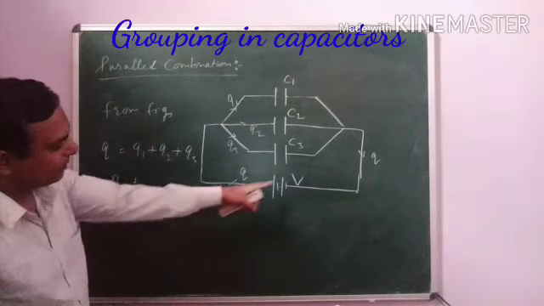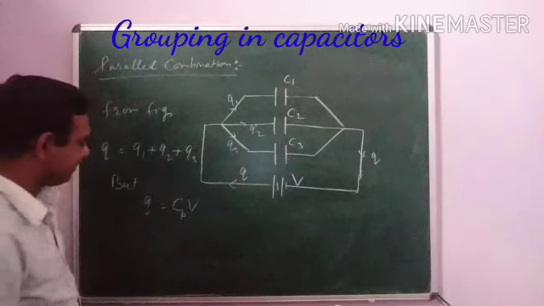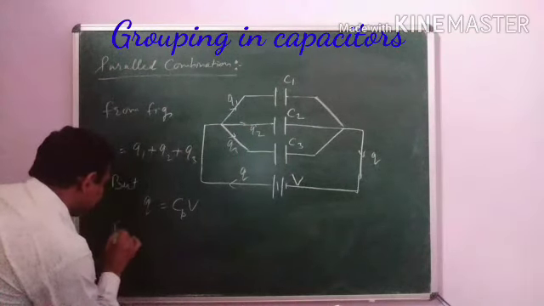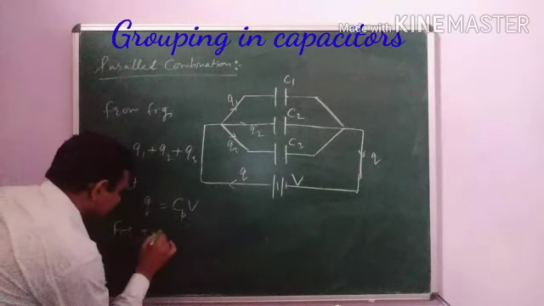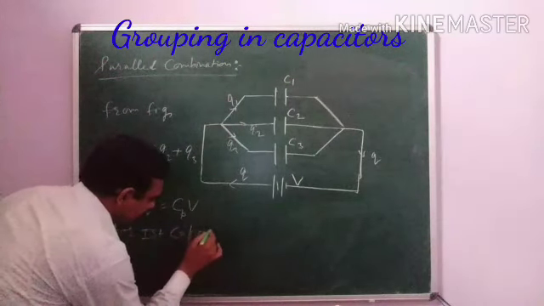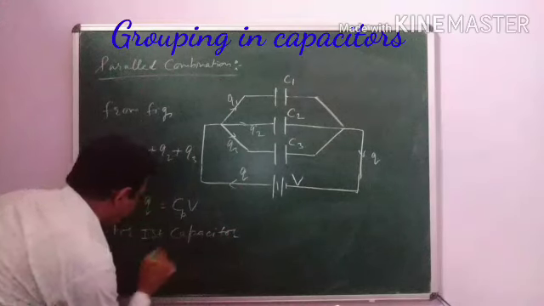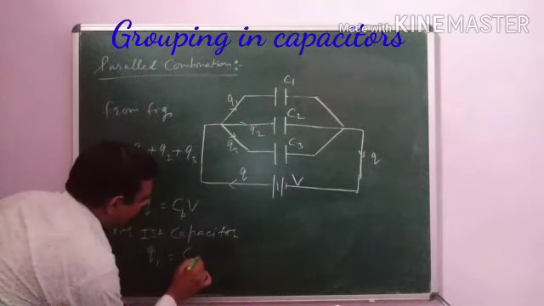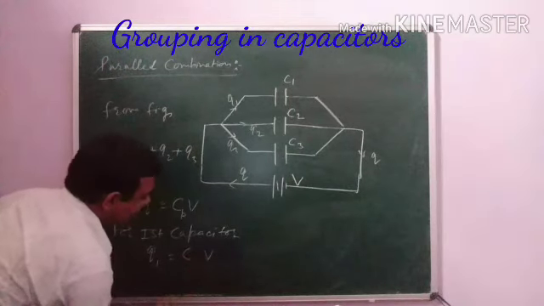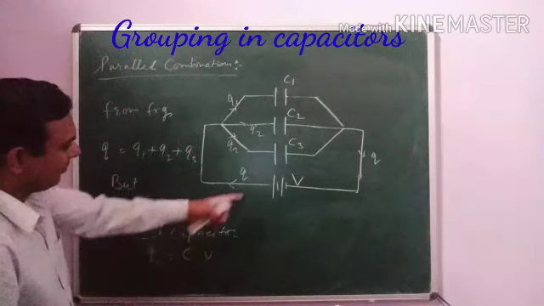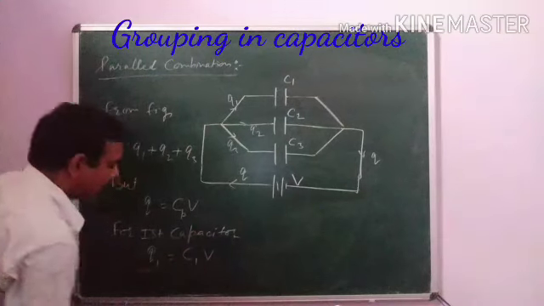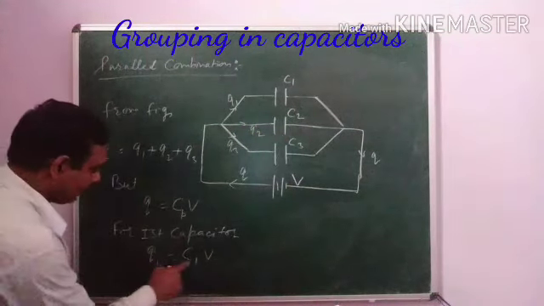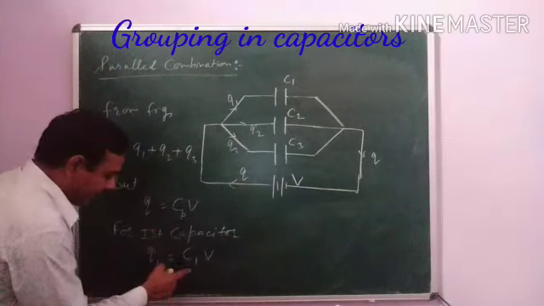And V is the total potential difference, total voltage. Similarly, for the first capacitor we can write Q1 equals CV. Here voltage is same, but the capacitances differ: C1, C2, C3. Cp is replaced by C1.